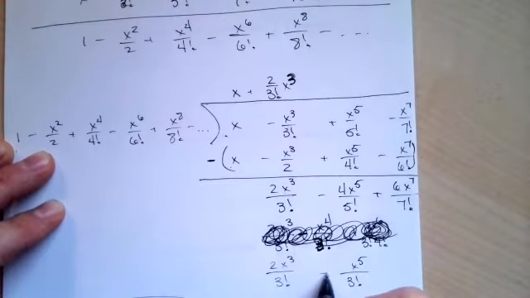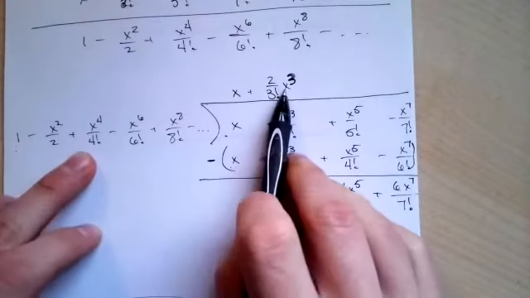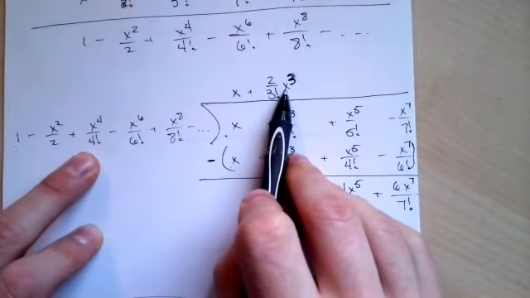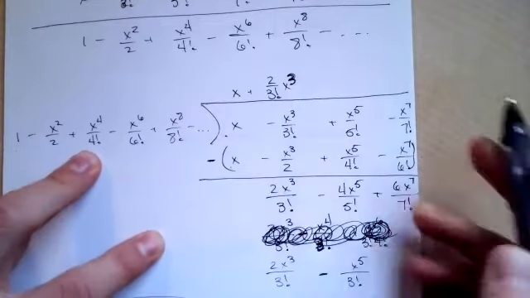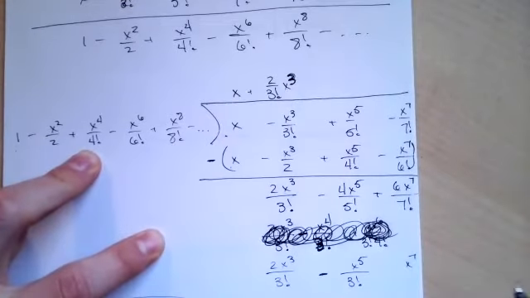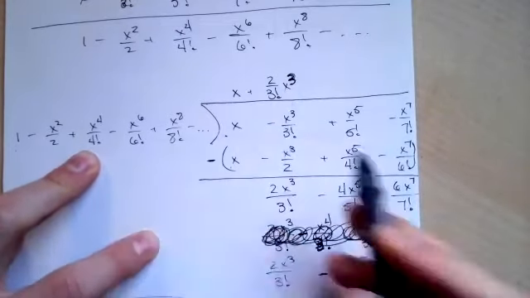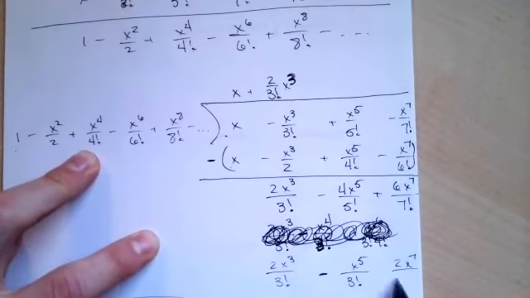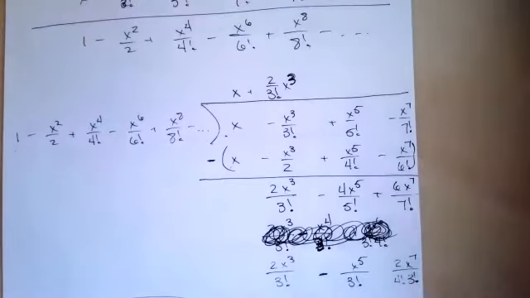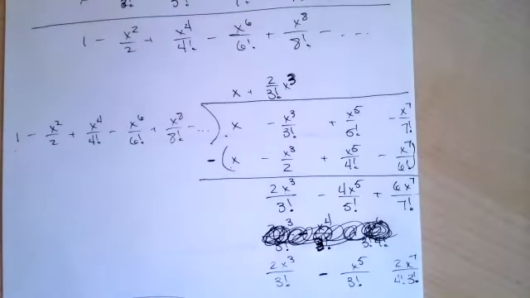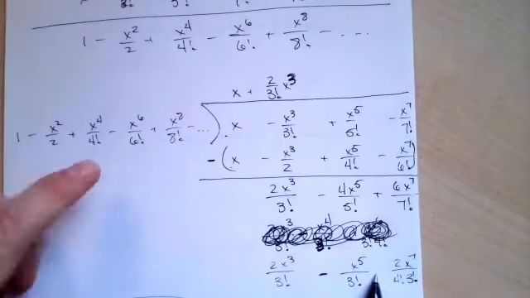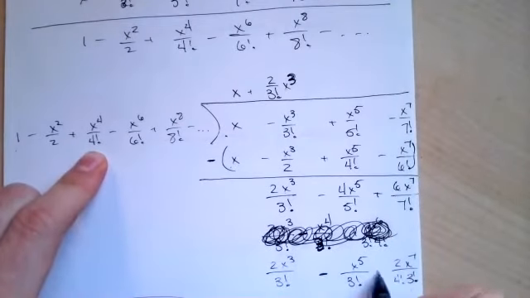And that term will be negative. And then our next term is going to give us x to the 7th, 2 divided by 4 factorial, 3 factorial. And that term's going to be positive.